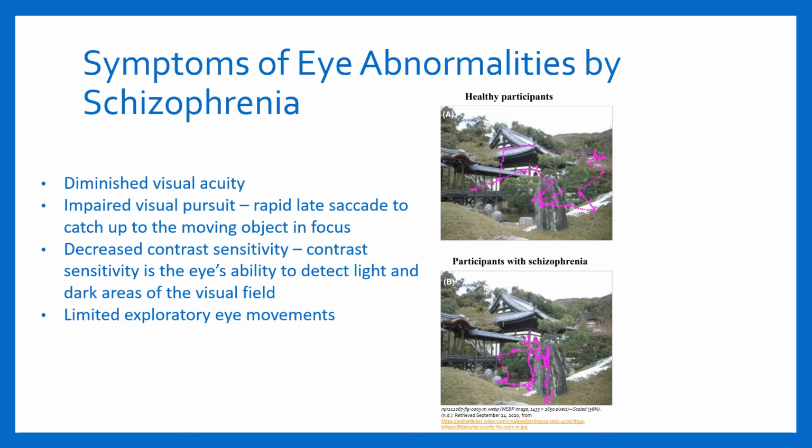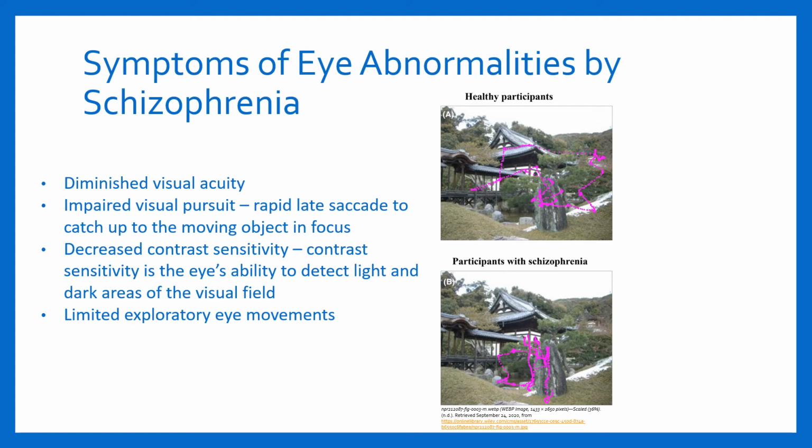They try to see everything. It's exploratory. But in comparison, participants with schizophrenia, their eyes tend to gaze at a very localized fashion. Their exploratory eye movements, in other words, is very limited.